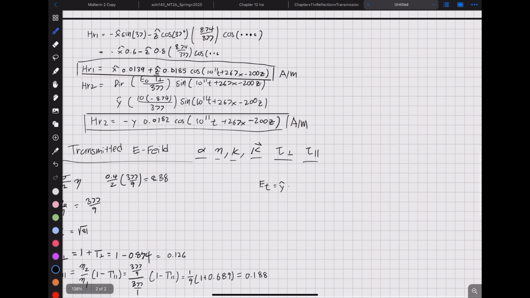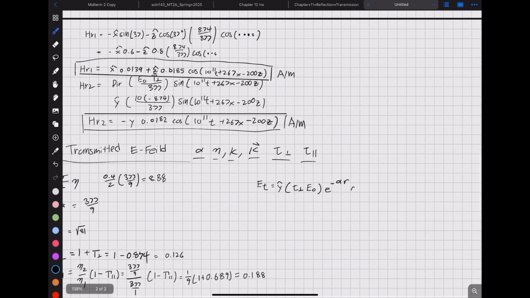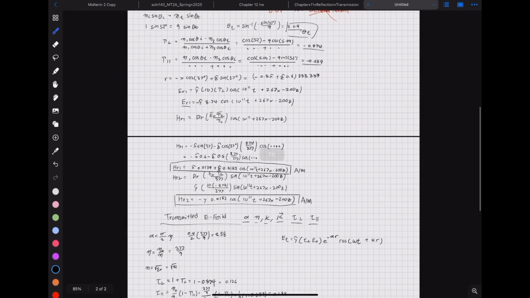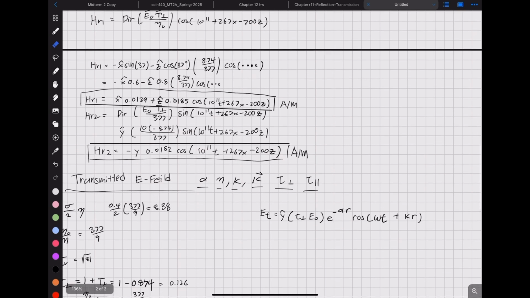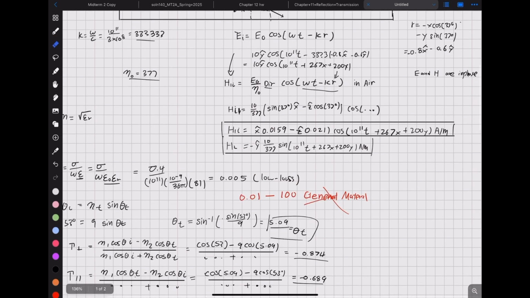But we're going to do this first. So we have tau perpendicular eta naught, E naught, the attenuation term, R cosine of omega t plus the k dot R. I like calling it R, so this is going to be our R here, this one going down here. So let's try to figure that out.